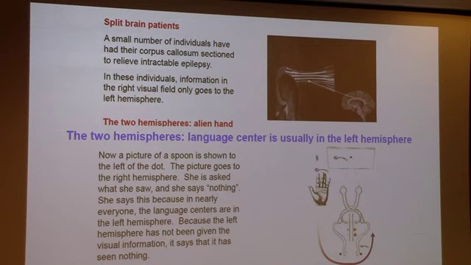So if I put a spoon here at his left visual field, and I ask him if he sees anything, he will say, I see nothing, because the left hemisphere just doesn't get this information.